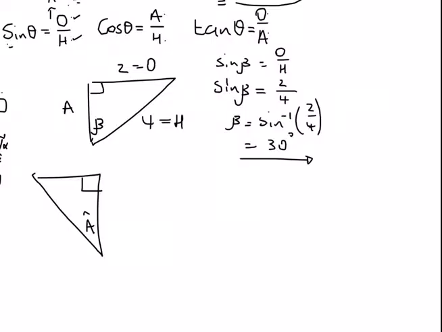Let's say we have this side being 3, and then maybe that one being 5. Yes, that one being 5. And now the question is, what is the value of that angle A?